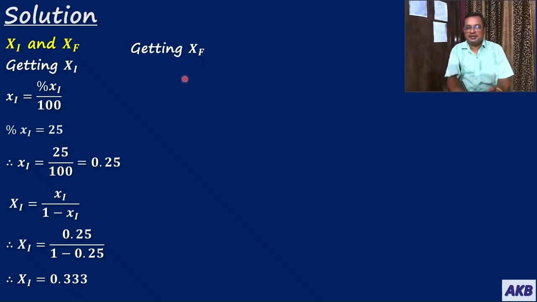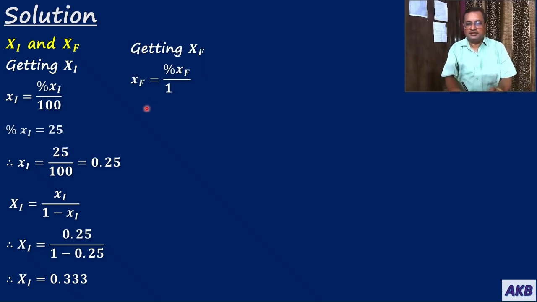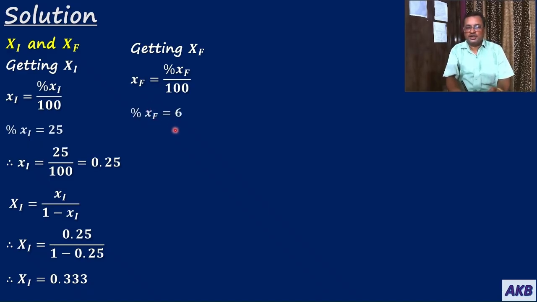Then let us get capital Xf. For that again percentage small xf is given to us, and we will use that percentage value to first get small xf, and then use small xf to get capital Xf. So percentage small xf is 6. So xf will be 6 upon 100, that is 0.06.